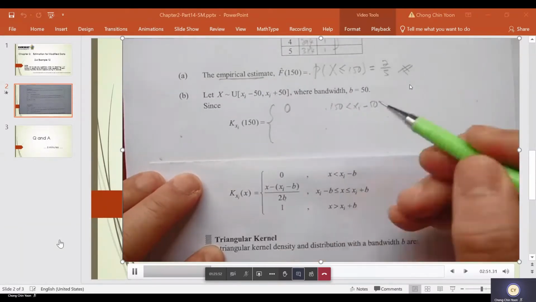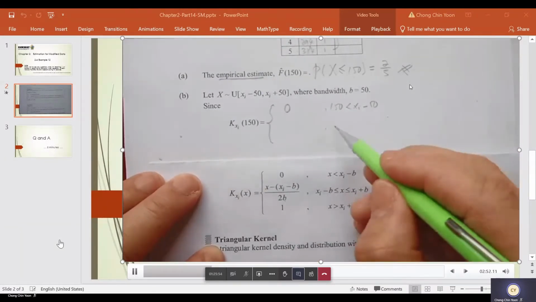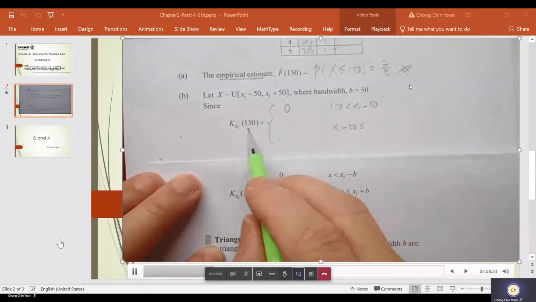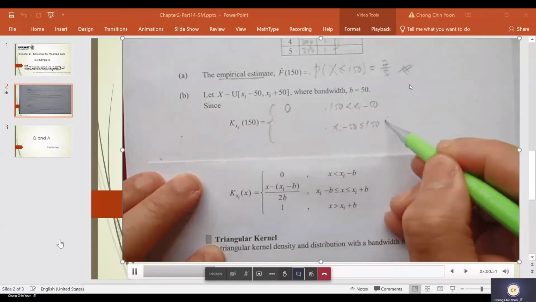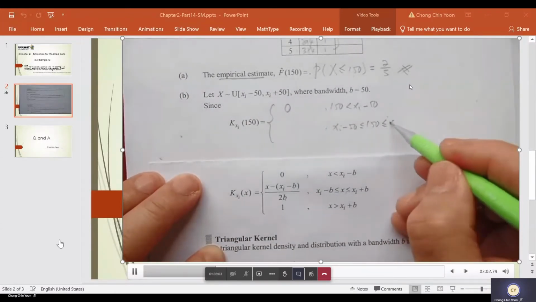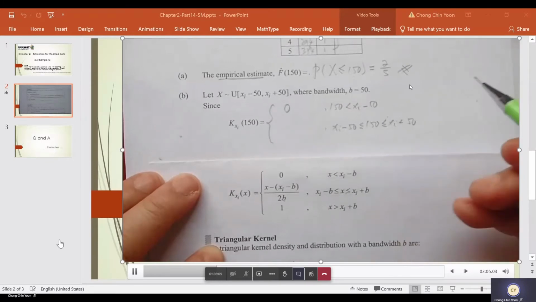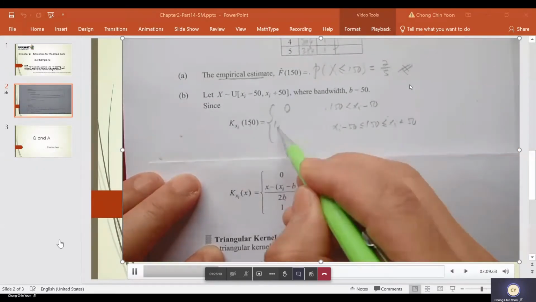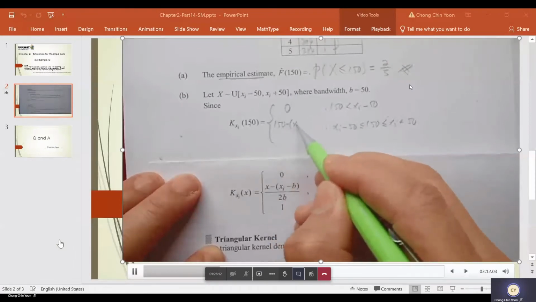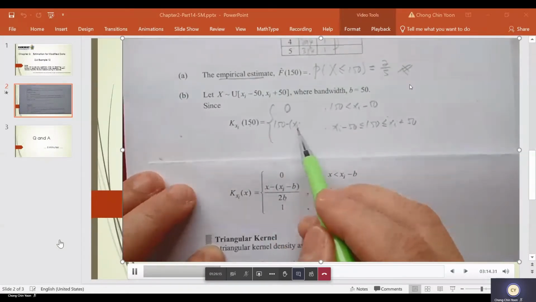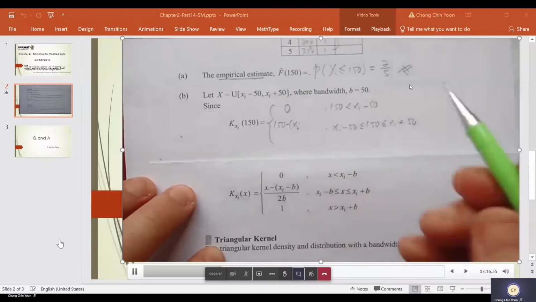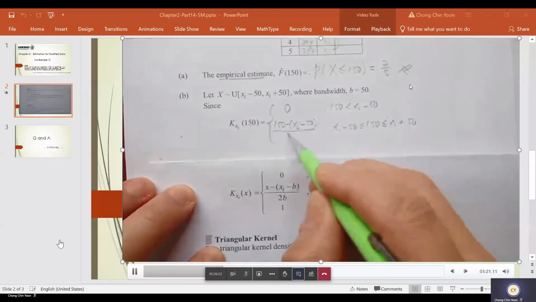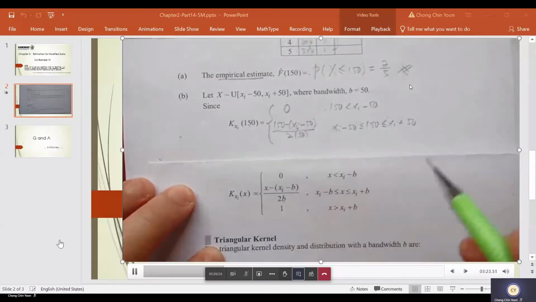And for the second interval here, when xi minus 50 is less than or equal to the x value, that is 150, and x is less than or equal to xi plus b, the value becomes x, which is 150, minus xi, where xi is our observation, and minus the 50, divided by 2 times 50.